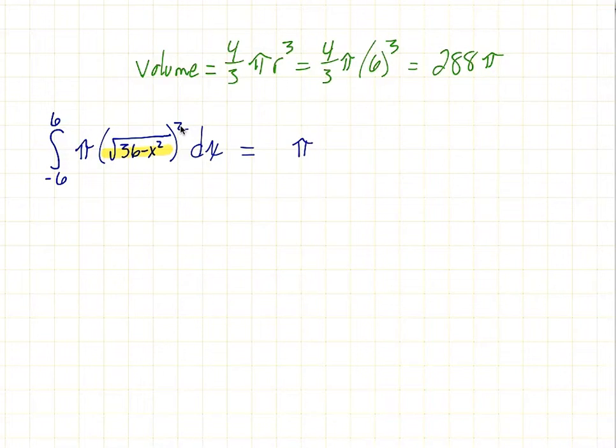And then if we do this out, the constant can come out front. And if we think about the shape of that sphere, we're going from -6 to 6, and it's got two parts. The -6 to 0 part is the same as the 0 to 6 part. So I'm going to take the integral from 0 to 6, and then I'm going to double that.